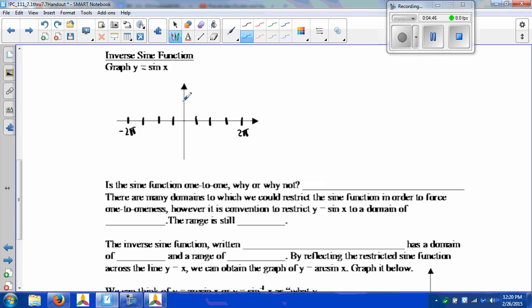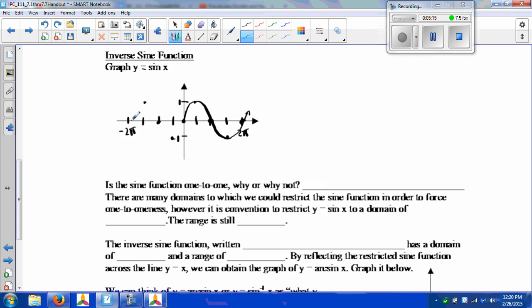It goes up to 1 and down to -1. It goes middle, up, middle, down, middle. And then we connect it in a nice curve, and that is 1 period of the sine function. And then I'm going to go to the left also and graph more.